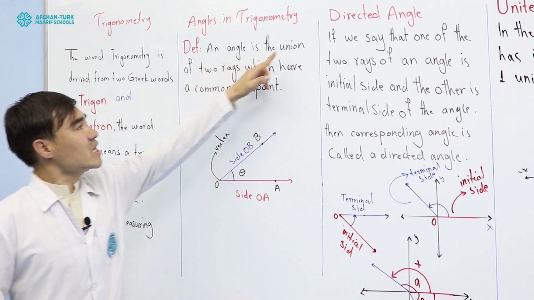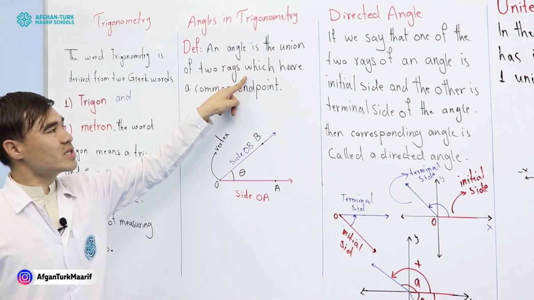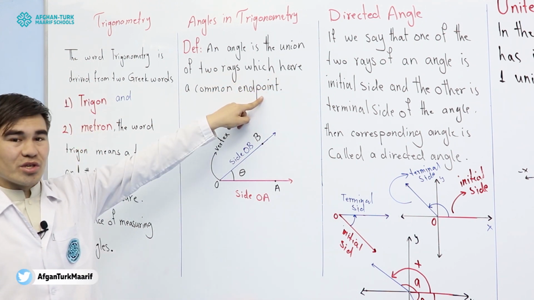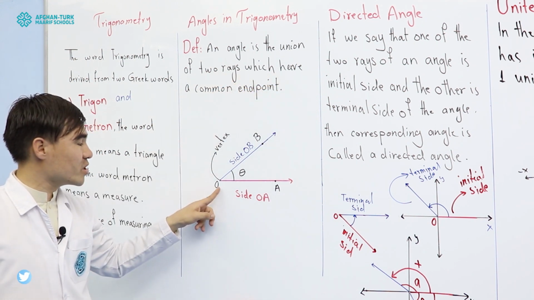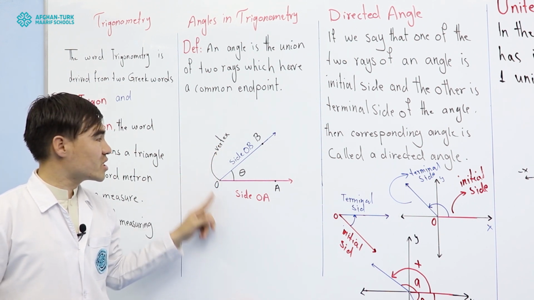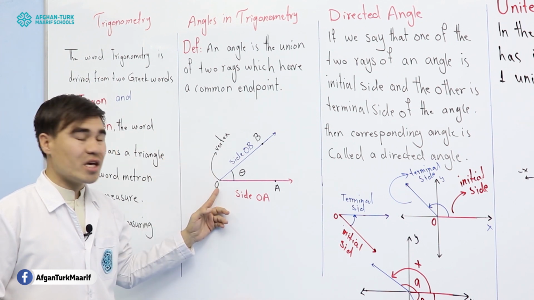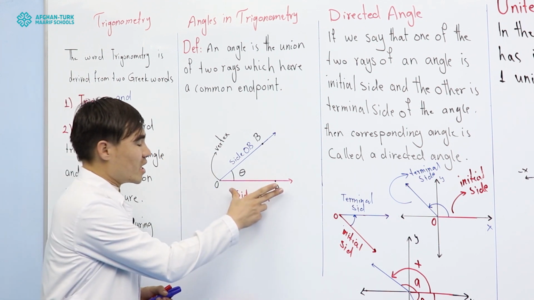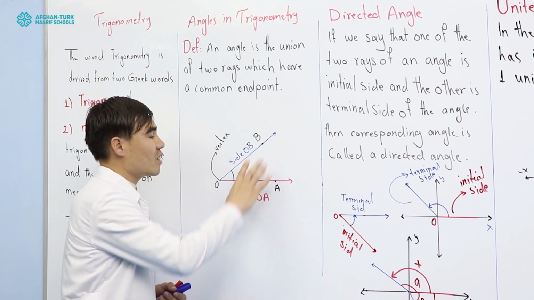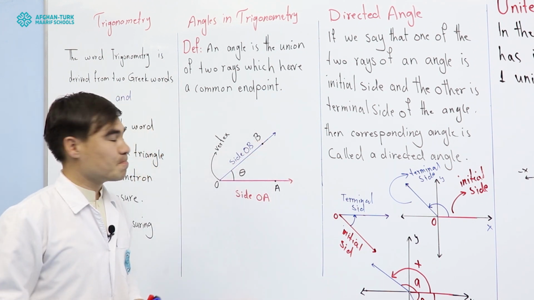An angle is the union of two rays, as we have studied in geometry, which have a common endpoint. The common endpoint is called the vertex. Usually we denote the vertex with O. The side OA is called one side of an angle.